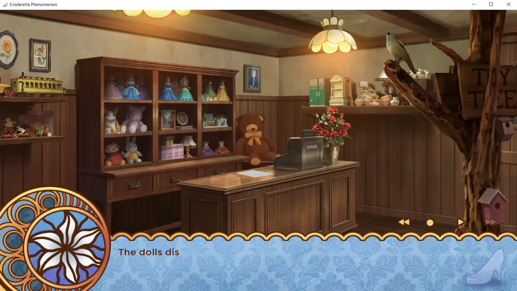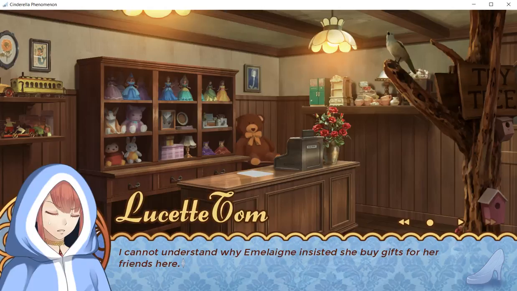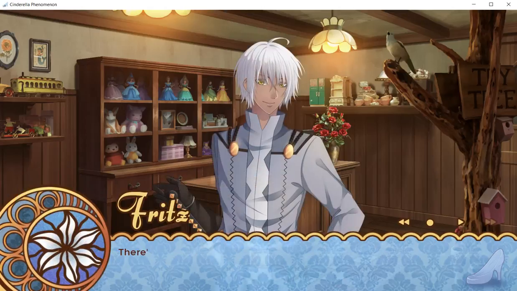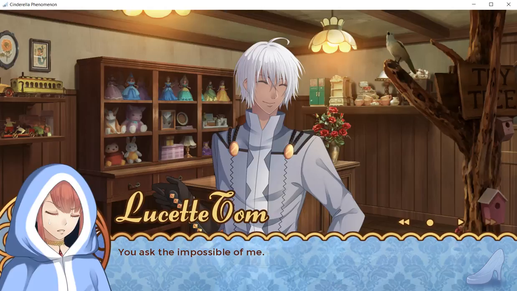I glance around at the small shop. The dolls displayed are nowhere near the quality of the ones in my room. I cannot understand why Emmeline insisted she buy gifts for her friends here. I cannot believe I'm outside the palace. There's no need to be so tense, Princess. I would never let anything happen to you. Your only job is to relax and enjoy yourself. You ask the impossible of me.